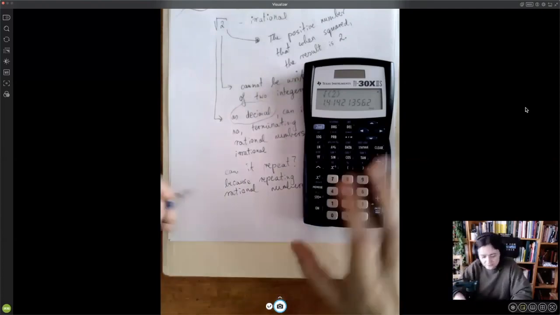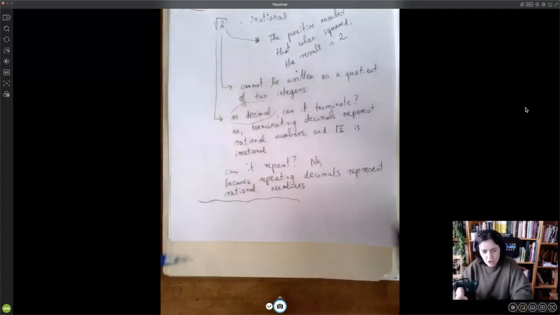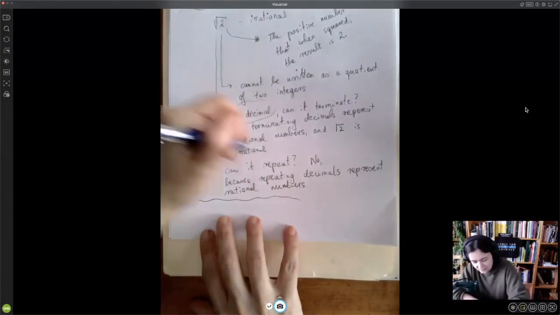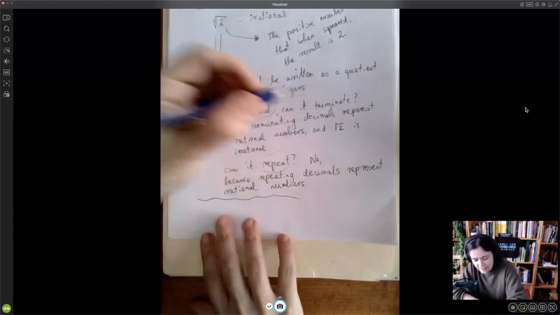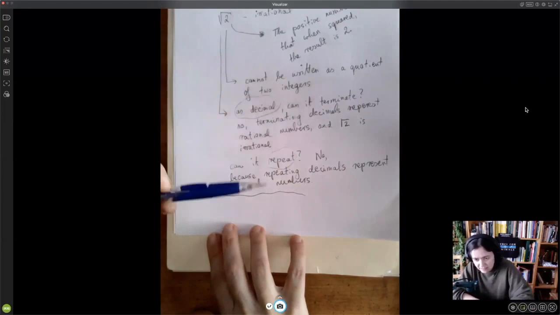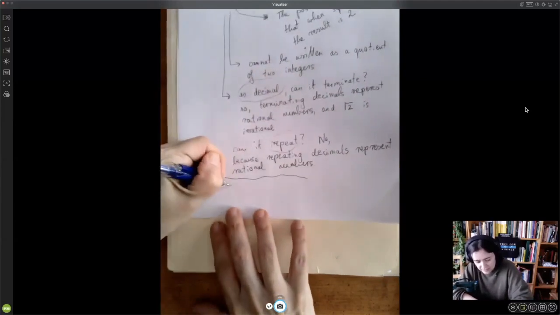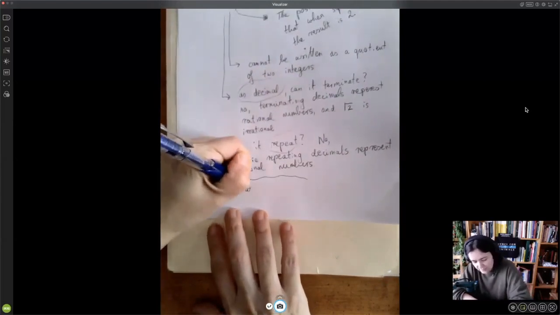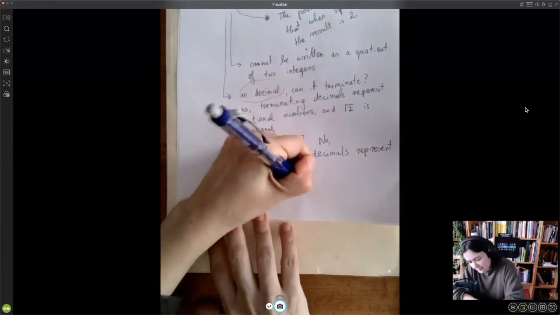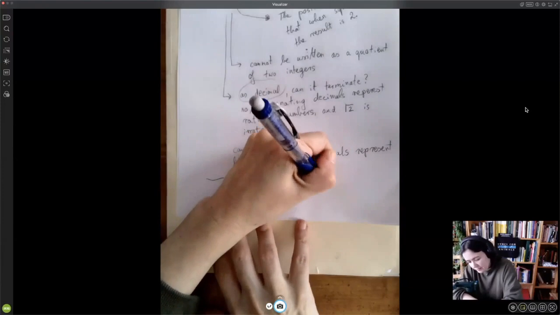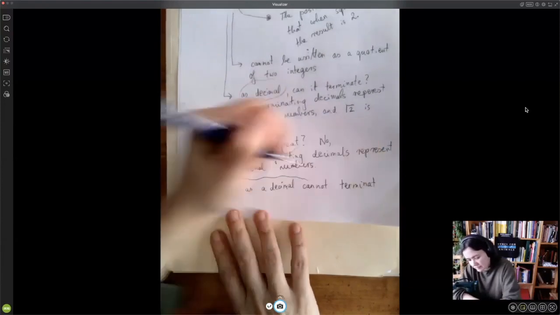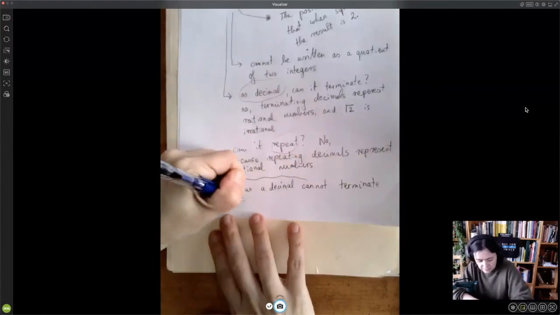So consequently, square root of 2 as a decimal must be non-terminating, non-repeating. Square root of 2 as a decimal cannot terminate and cannot repeat.